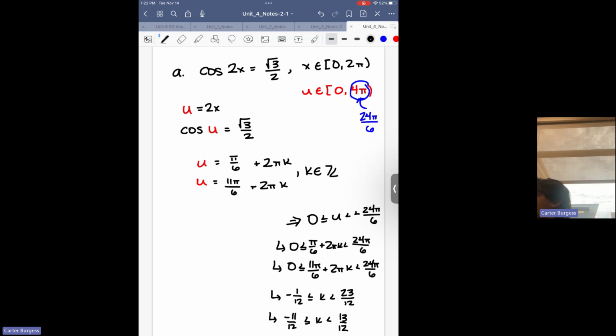We said that k is an integer, so we are looking for the integer values of k that satisfy these constraints. What are the only two integers that live between negative 1/12 and 23/12?